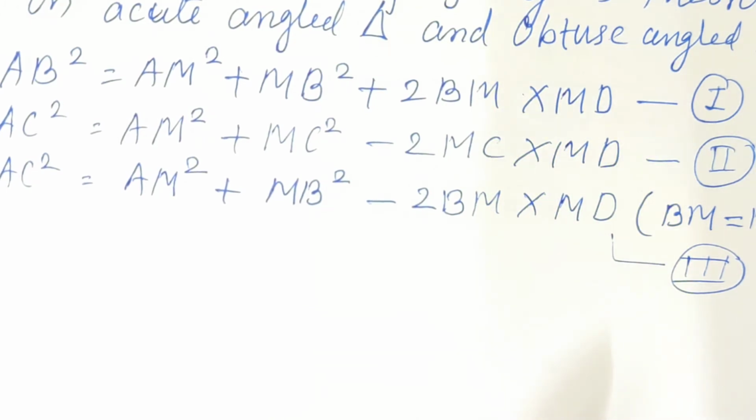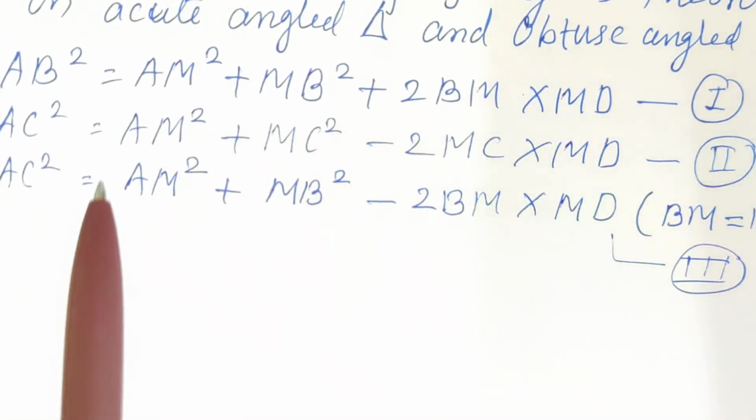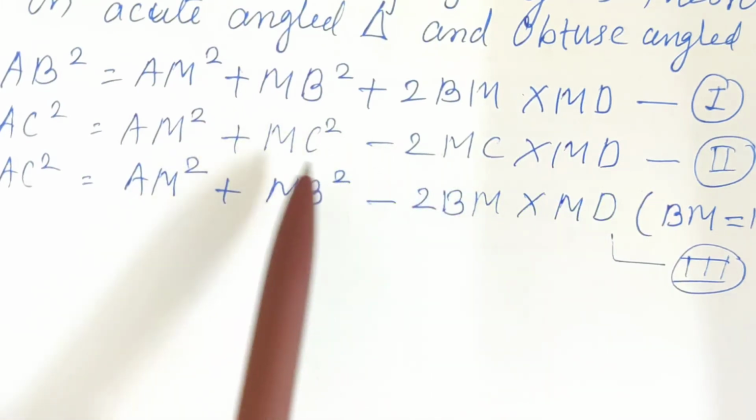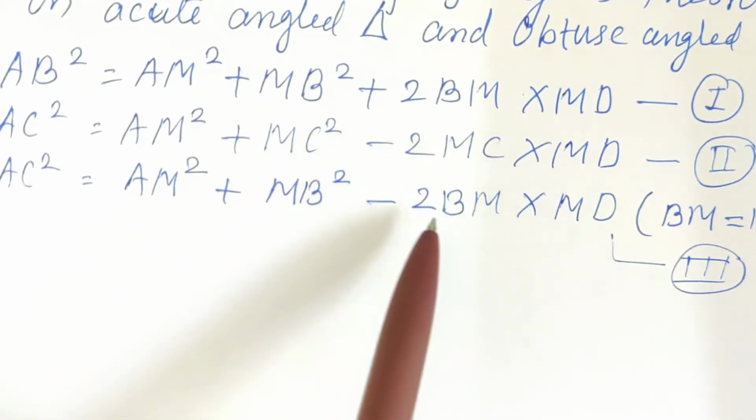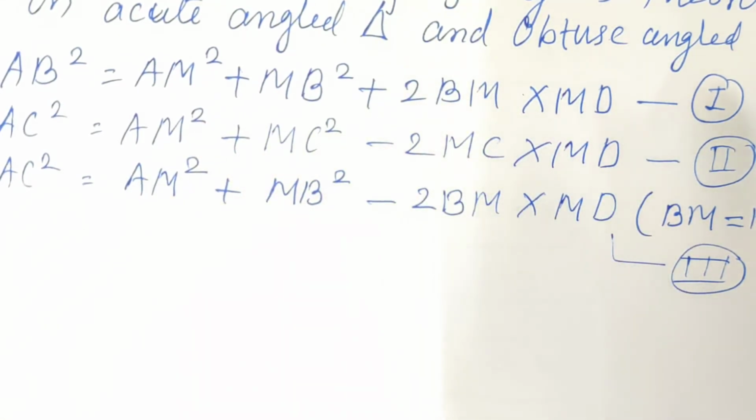Now add the equation number 1 and 3. We just change the equation number 2 with this MC and MB, and so after this now actually we have to add 1 and 2, but 2 we change with this, instead of MC we wrote there BM. So we'll add now 1 and 3.